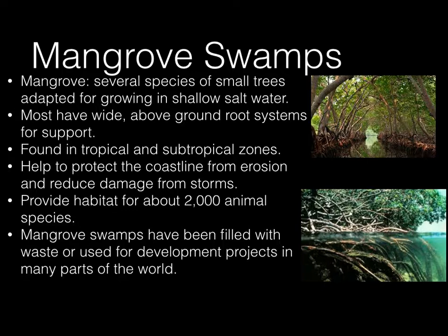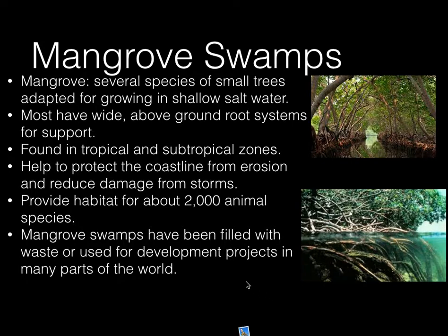They're found in tropical and subtropical zones, lining the equator, as we learned in our previous unit. They help to protect the coastline from erosion and reduce damage from storms. They provide habitat for about 2,000 animal species. You can see these intricate root systems provide great hiding grounds for these animals.